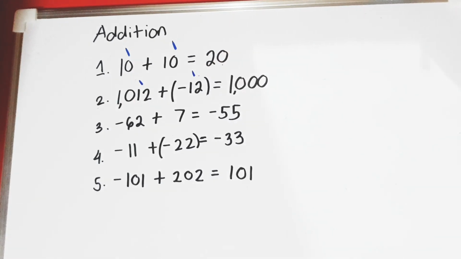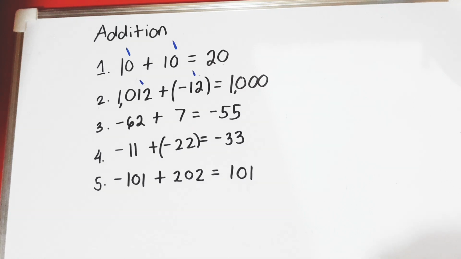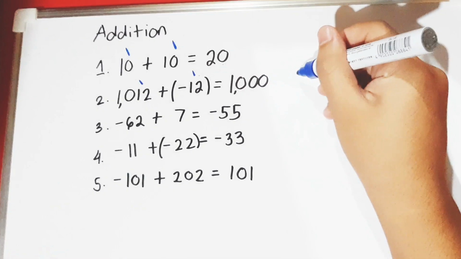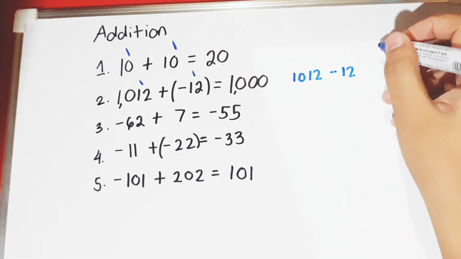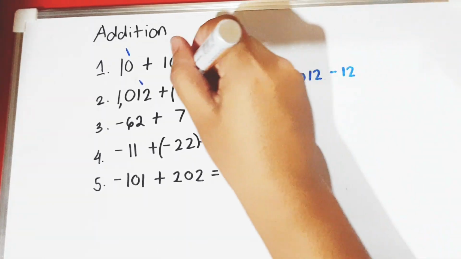In case number 2, when adding numbers where one is positive and the other is negative, we must ensure we know which is the bigger number to start with. First, 1012 is the bigger number. Then if we add a negative, it becomes minus. So 1012 will become minus 12.